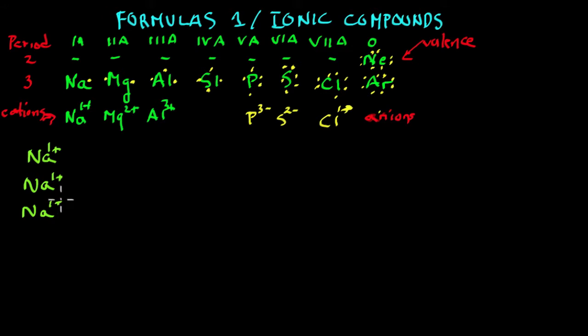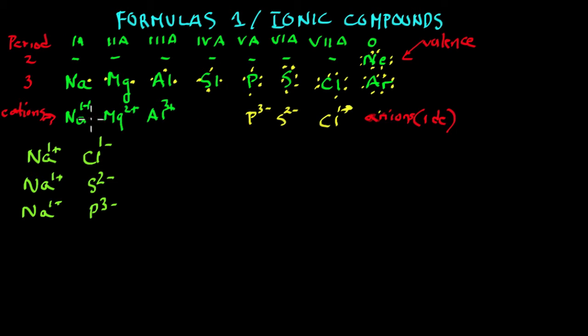And we're listing it 3 times because we're going to combine it with these anions. Cl1 minus, S2 minus, and P3 minus. All these negative ions, all these anions, end in the ending IDE when you name them.